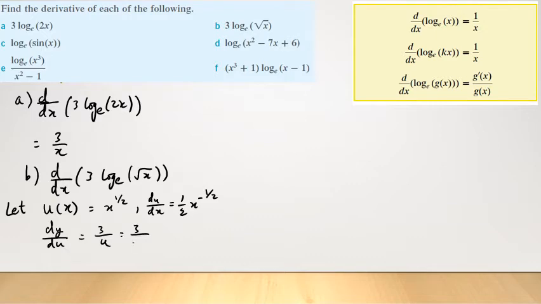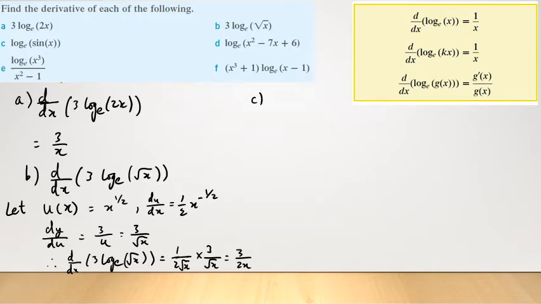Well, no, it's 3 over square root of x. So therefore, if we put it together, d dx of 3 log e square root of x is equal to a half, and that's square root of x on the bottom, times 3 over square root of x. So that's 3 over 2x.